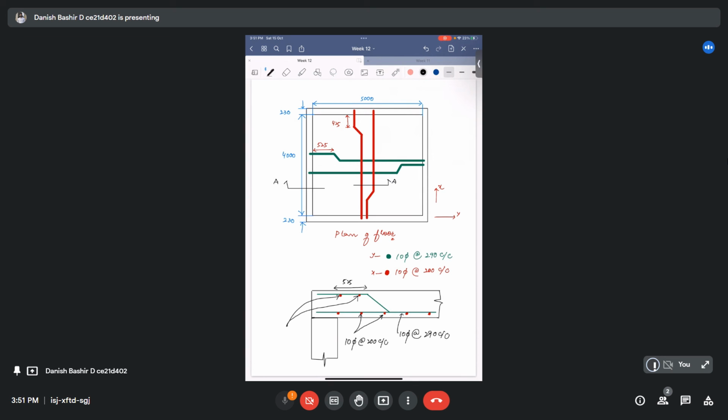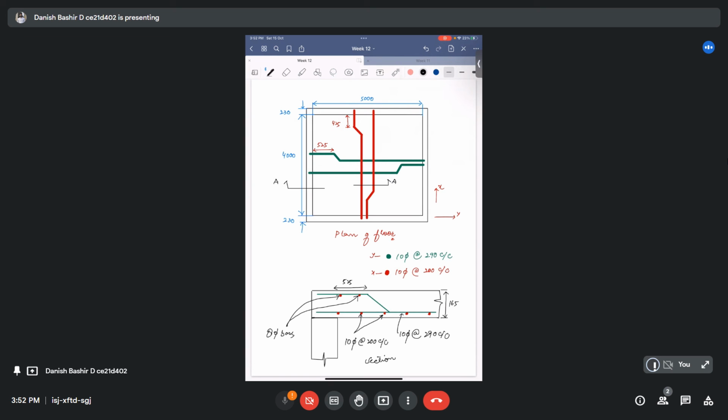These alternate bent bars, these are 8 phi bars, okay? And we have provided overall depth to this slab as 165 mm. 165, okay? Put this in mind. And 10 phi. Section A. What is this? This is section A.